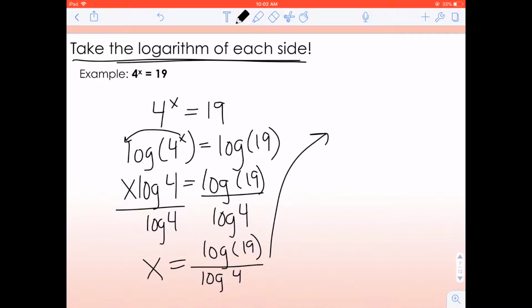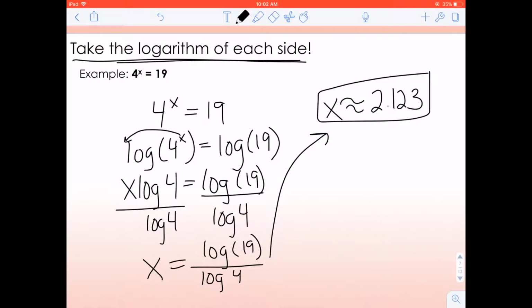Now you can just enter that in your calculator because it's a common logarithm with our base 10. So log of 19 divided by log of 4 is going to give us x is about 2.123. And it's as simple as that.